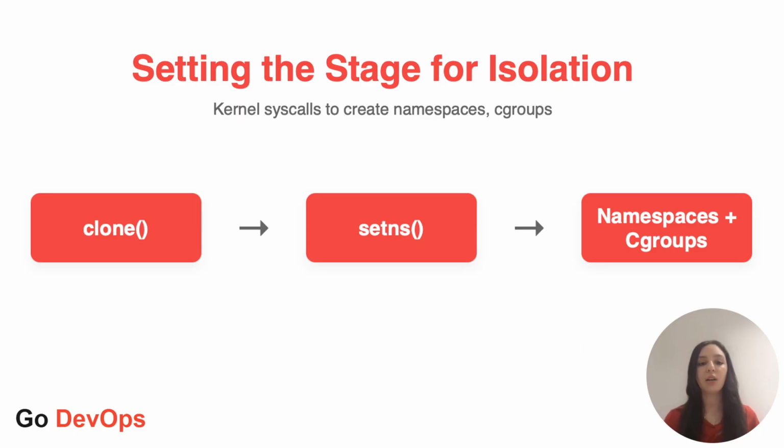The clone call, the first system call we see here, is responsible for creating new namespaces, while the setns call ensures that the container can only see its own environment, preventing it from interfering with the host or other containers. This step is crucial as it locks down the container's environment and limits its access to only the resources allocated to it. Once the settings are in place, the container is ready for its main process to run securely and independently.